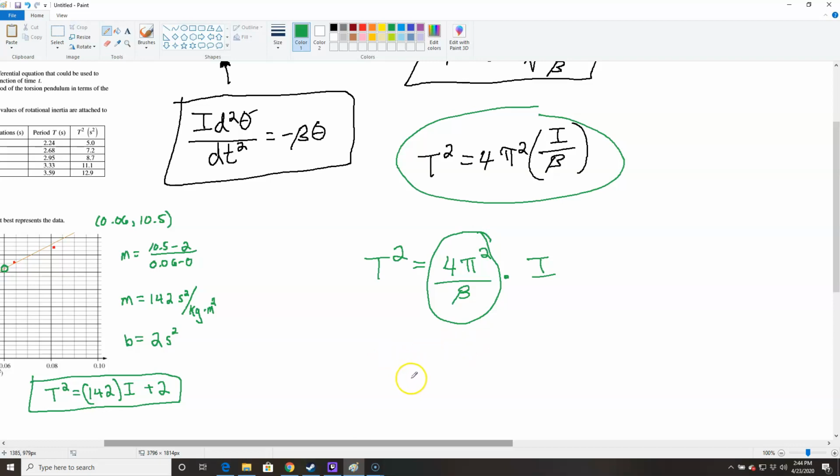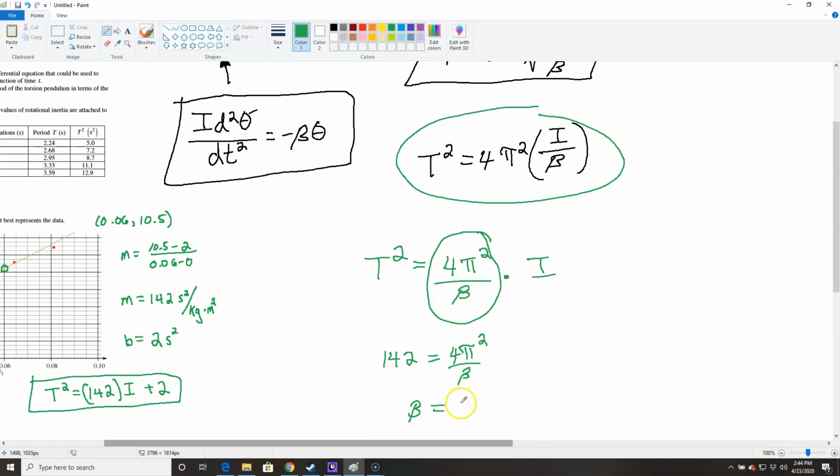So I will go ahead and say, well, let me back up a quick second. 142 is 4 pi squared over beta. Do a little bit of mathematics. 4 times pi squared divided by 142.